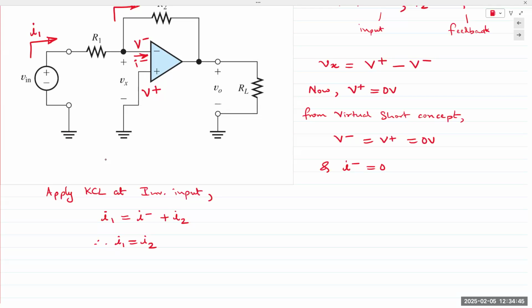If it's flowing through the feedback resistor, I can write the expression for I1 and I2 in terms of the node voltages. For I1, that's the current flowing through R1.